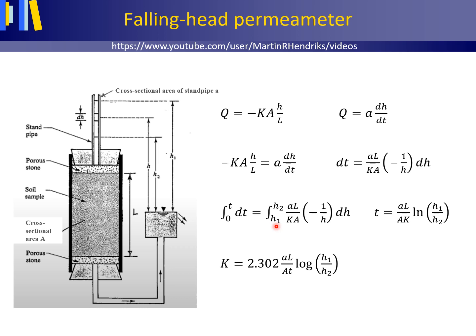As the standard integral of 1 over h is ln h, we obtain this equation for t. We can reorder this equation to find the saturated hydraulic conductivity K. And instead of using ln, we can rewrite ln to a logarithm with base value 10 by multiplying by 2.302.